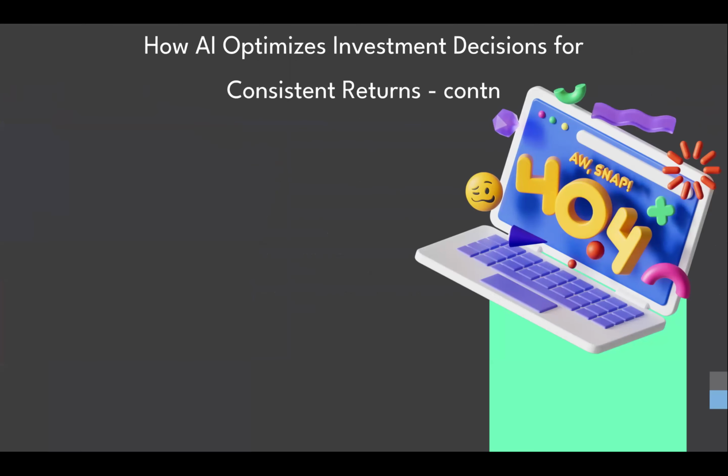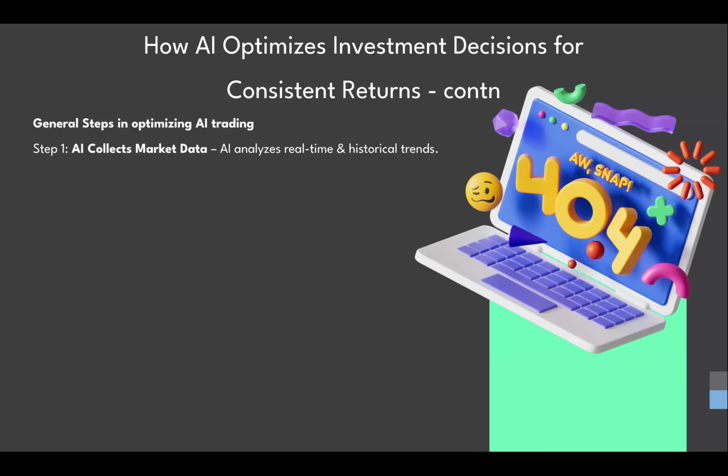Some of the general concepts that happen in the background: it collects data, like the market data. This allows the AI to analyze real-time data and historical trends in order to identify the patterns that are common or repeating themselves in the data that it is analyzing. Then the next thing, the AI can look for trading opportunities.